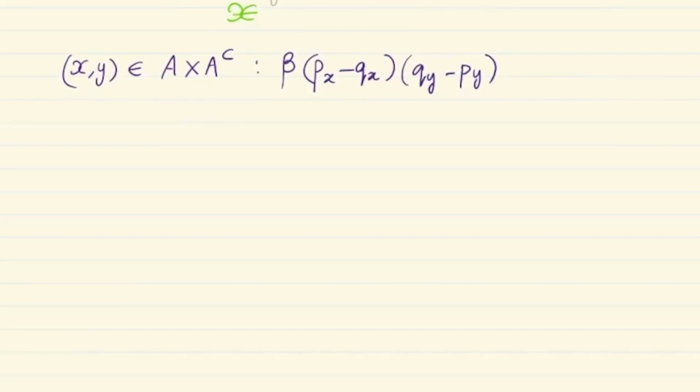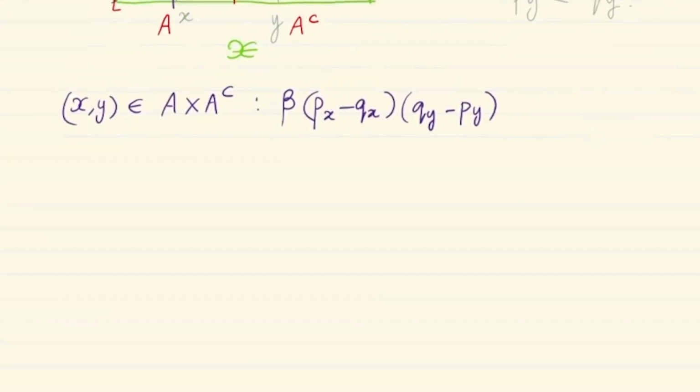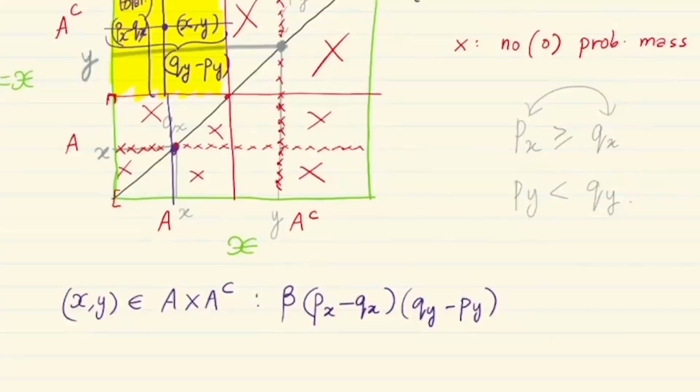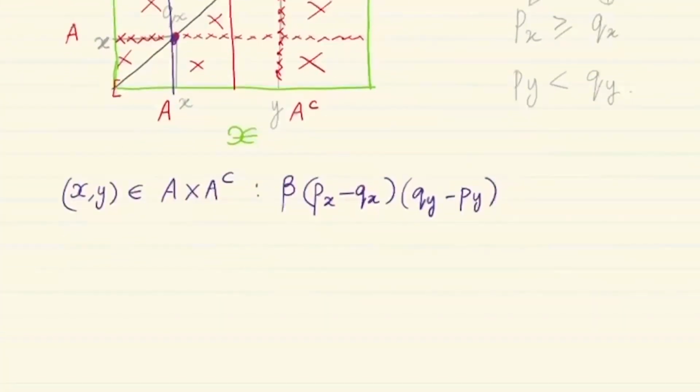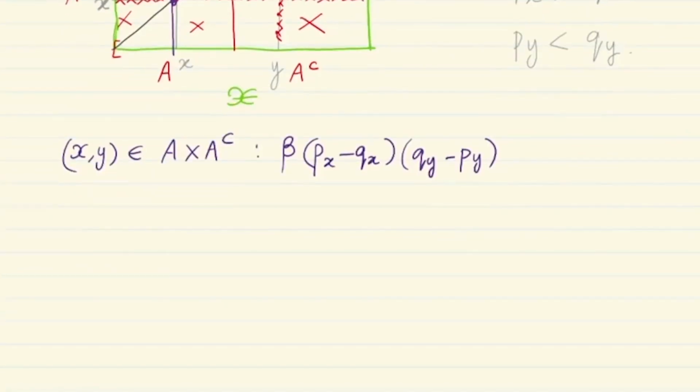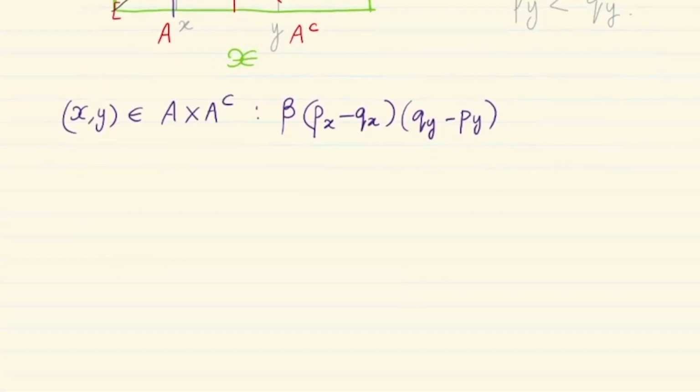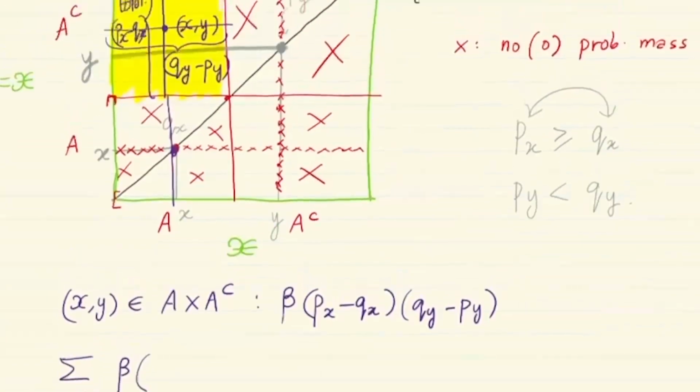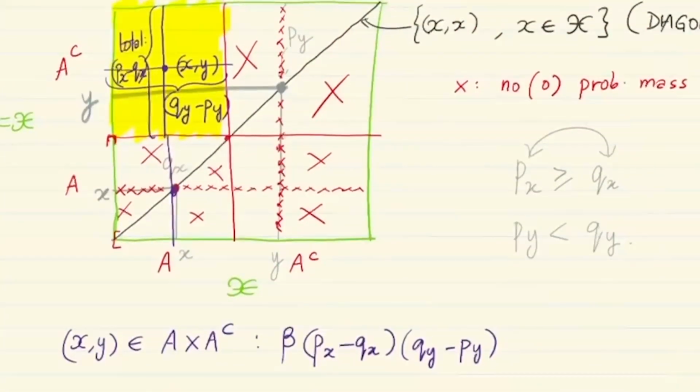So if you put this kind of probability distribution, take the total mass that you have remaining for the northwest quadrant and put masses at each x,y following this product rule with an appropriate constant beta such that the total mass exactly takes care of the remaining mass after putting on the diagonal points. So what that means is, let's try to find the total vertical mass here.